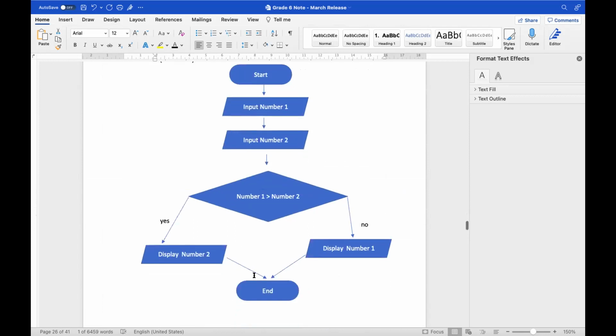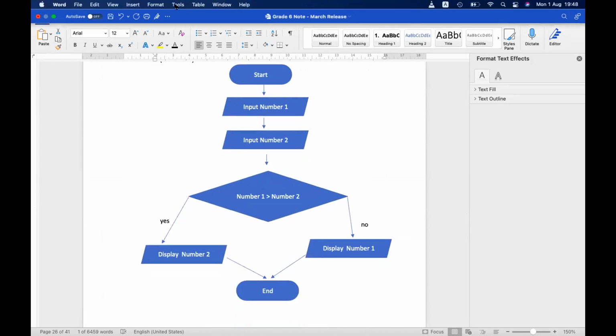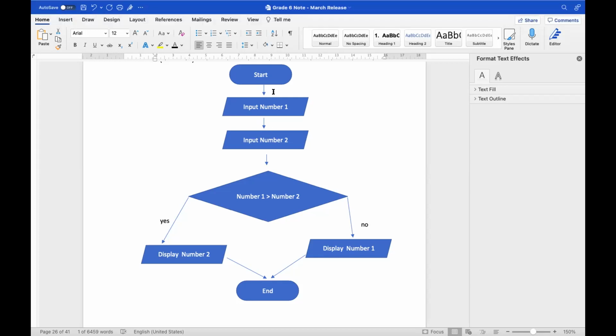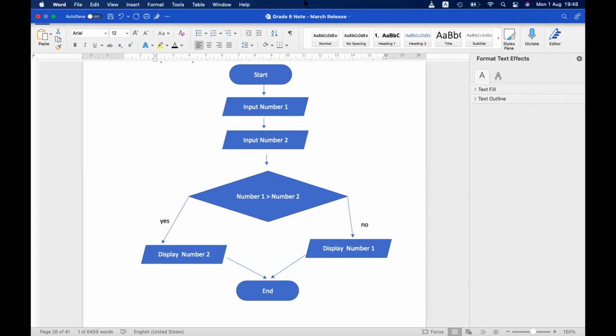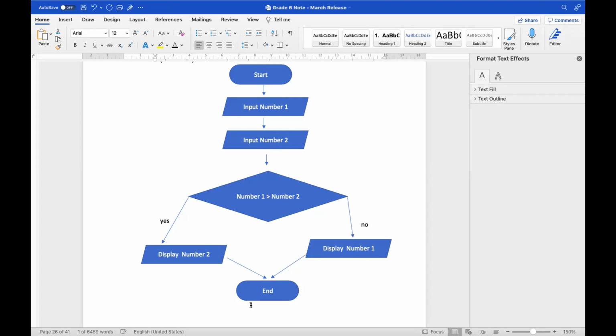And this is an example for selection. So why is it selection? All the instructions are not executed. Instead, there is a selection. So here you are entering two numbers. What will happen after this? Can you try to understand this flow chart and tell me what will happen?